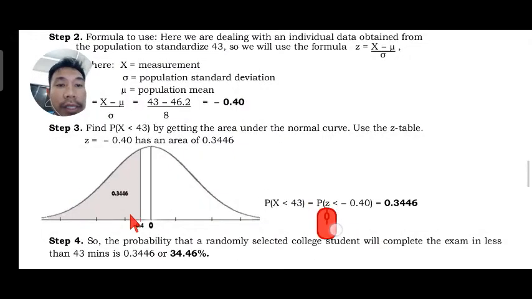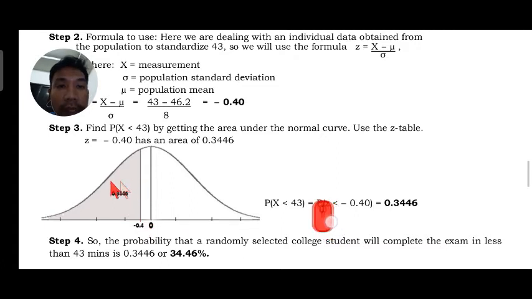So if this is 0, automatically located here is the negative 0.40 because here is negative 1, negative 2, negative 3. So therefore, between the middle of negative 1 and 0 is 0.5. So medyo atras tayo ng konti.